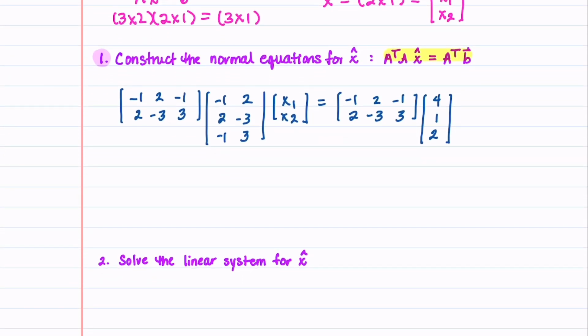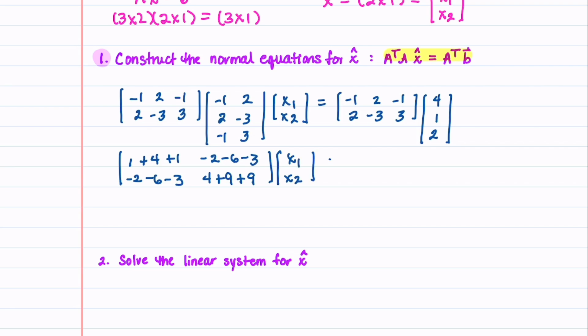Now let's multiply A transpose and A. We're going to get a 1 plus 4 plus 1 in our first entry, and our second entry on the right, we're going to get a minus 2, minus 6, minus 3. In our entry in the lower left, we're going to get a minus 2, minus 6, minus 3. And in the lower right, we're going to get a 4 plus 9 plus another 9. That multiplies x1, x2.